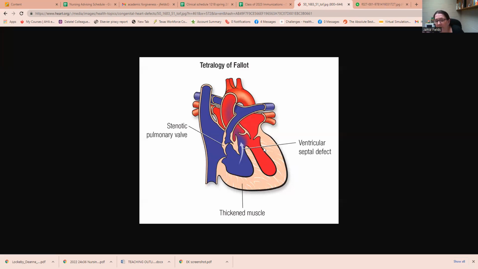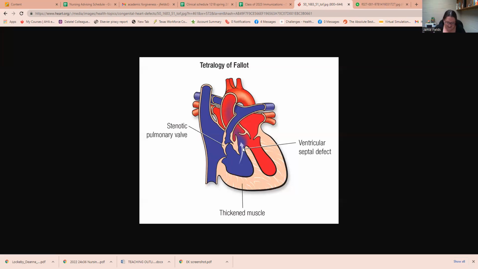What do you think happens if this baby has some sort of vagal response and vasodilates? Or takes some kind of medicine, we give some kind of medicine that causes vasodilation. What do you think is going to happen? We've got less pressure here. And this is too much pressure. So we're going to have an increased shunt.